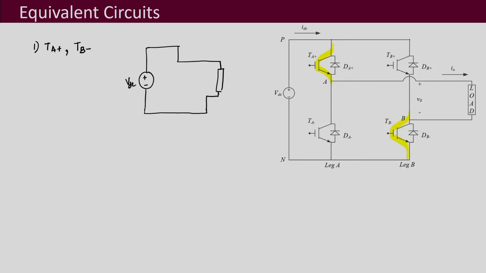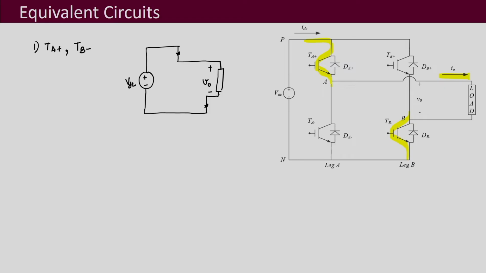This is VDC and here this is the output voltage VO, and these are the ones which are turned on. Now, let us see what is the direction of the current. Let us say this direction of current is positive. So, if the direction of current is positive, the current will flow like this.